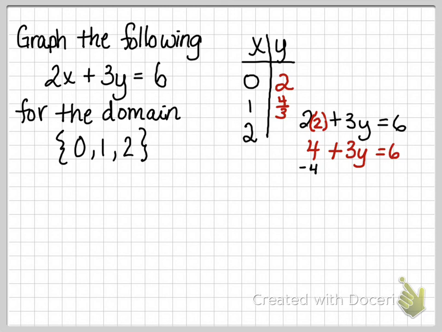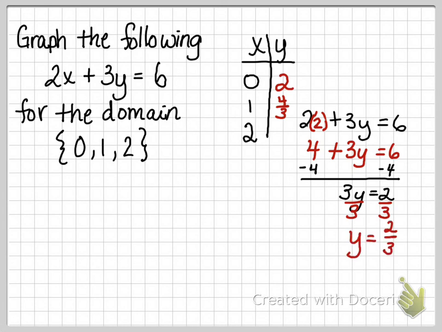I'll subtract 4. 3y equals 2. Not a hard problem, but there are a lot of moving parts to it. Like, there's a lot of steps. That's okay, we can handle steps. y equals 2/3.